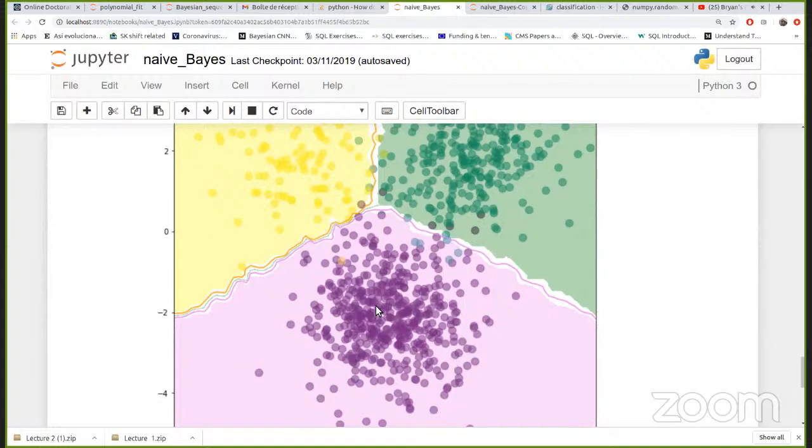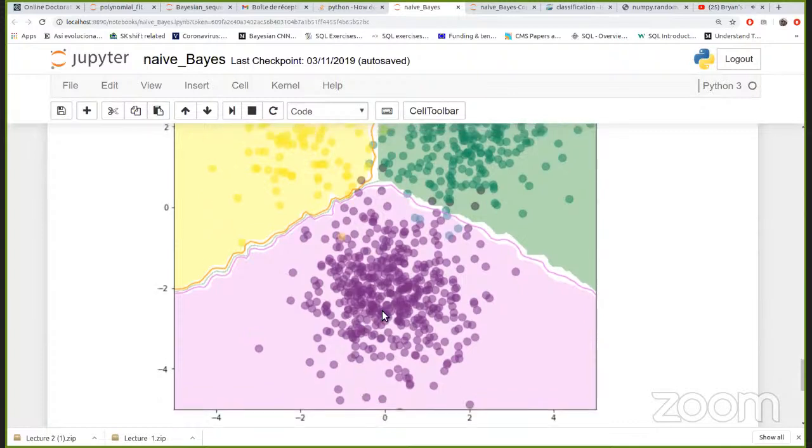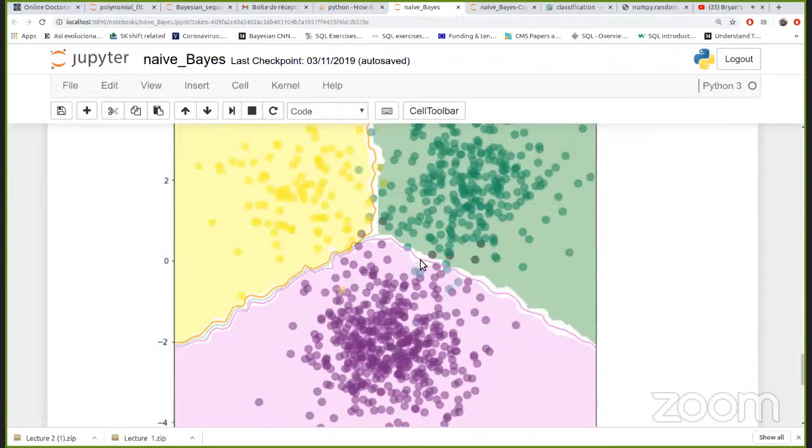So the points at the very middle of this region, or even farther away from the other boundaries, will have a probability of belonging to the purple class much larger than the points closer to the boundary. A first guess on that is the following.